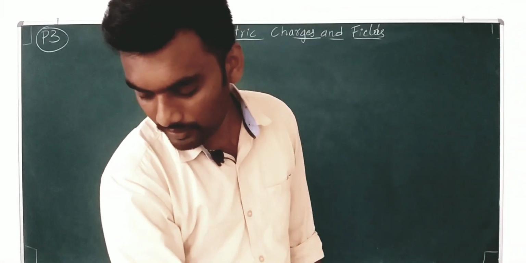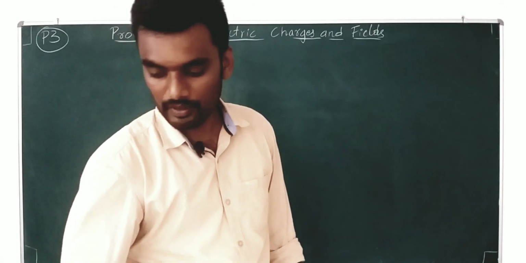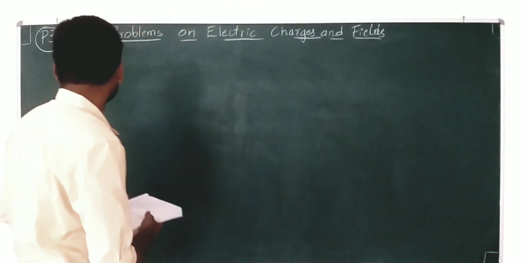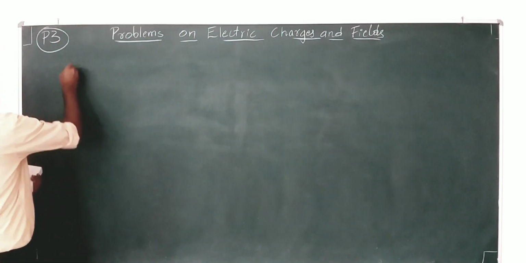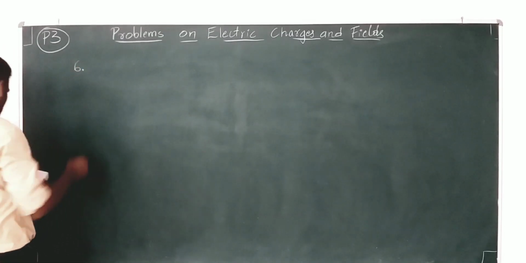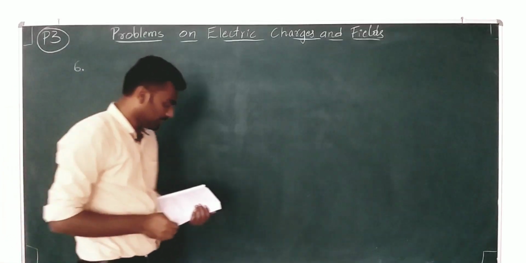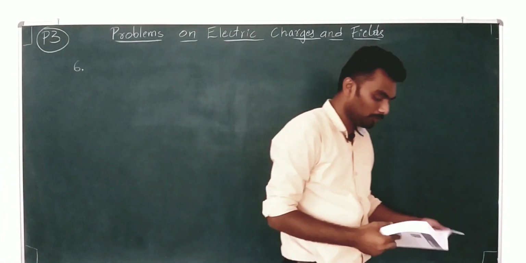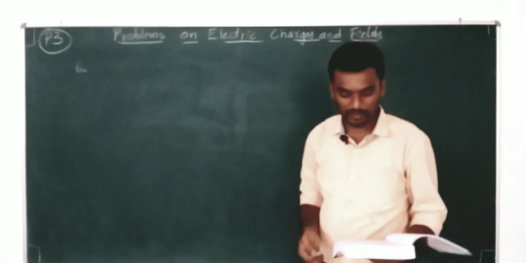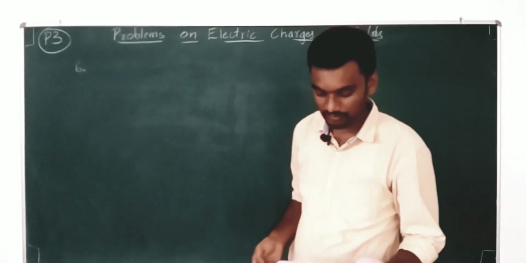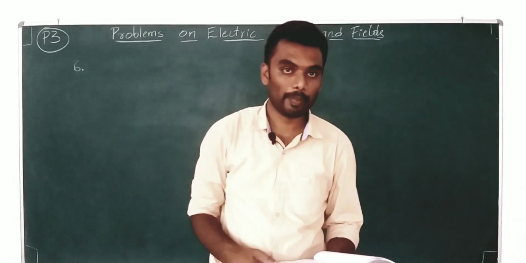Okay, next going for the sixth problem. Very easy problem. Yeah, there is a possibility of asking this question for 2 mark. Calculate the force acting on a point charge plus 4 nanocoulomb placed in an electric field of intensity 7 into 10 to the power of 5 Newton per coulomb.